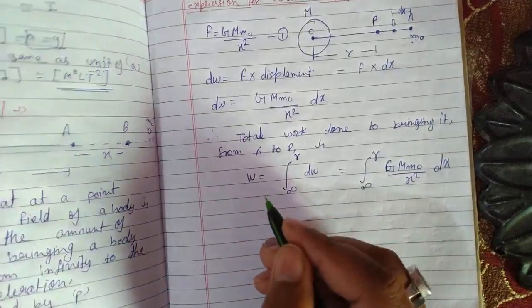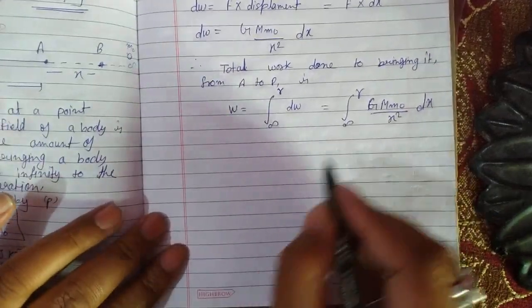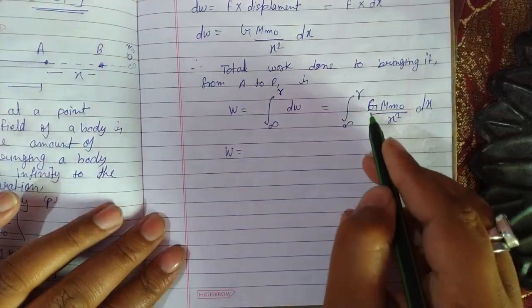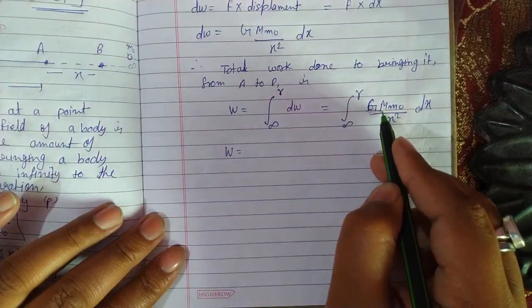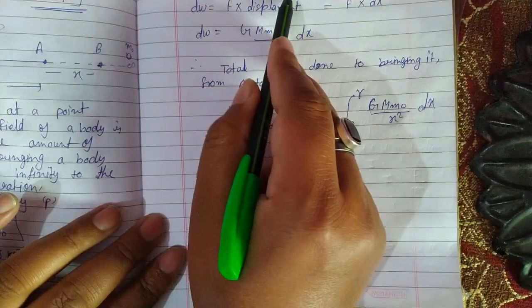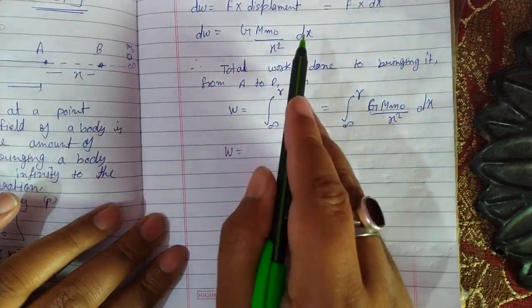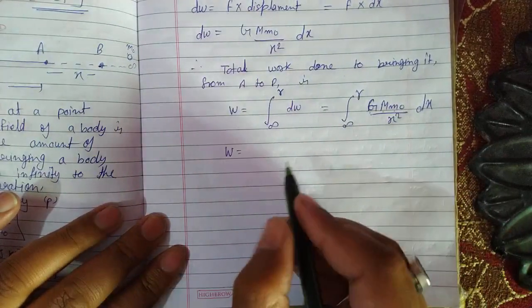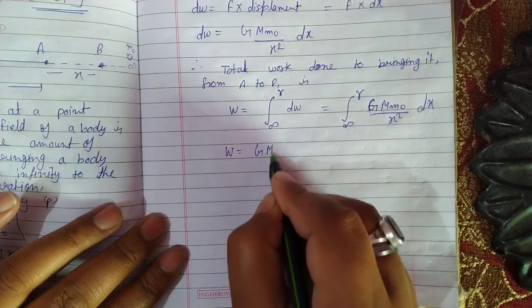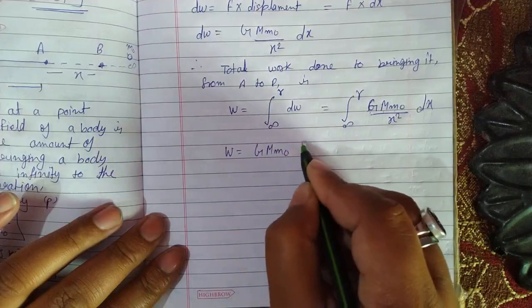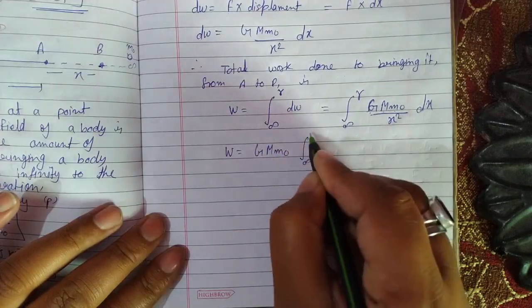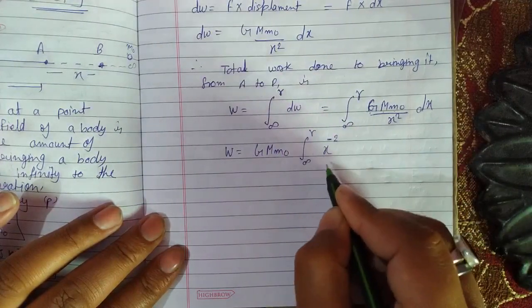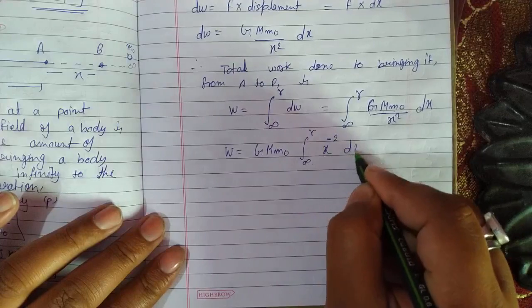Now G m m0 is constant because G is the universal constant, m is the mass of the object, and small m0 is the mass being brought from point A. So G m m0 is common, and we can write 1 upon x square as x to the power minus 2 dx.